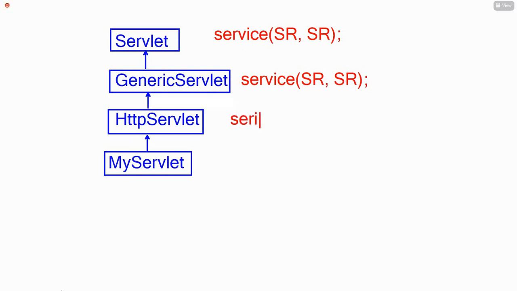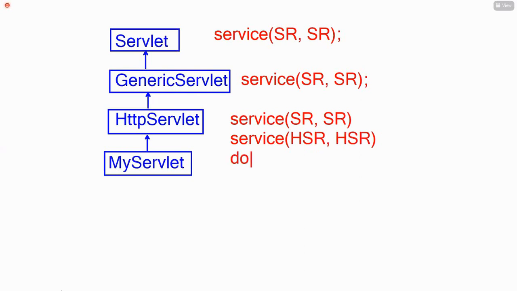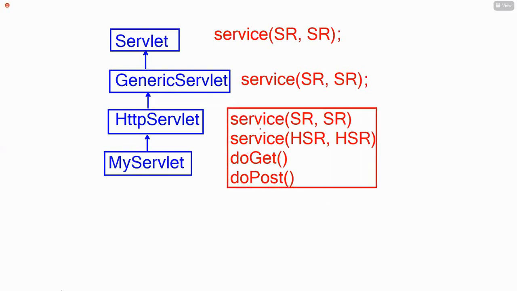So service is there, non-abstract. Another service is also there, taking HttpServletRequest and HttpServletResponse, and doGet is also there. doPost is also there. Like these 4 methods are present here.